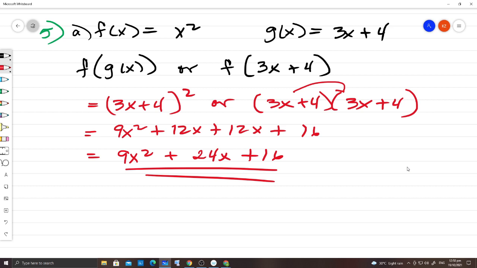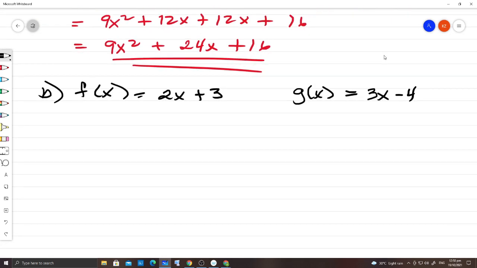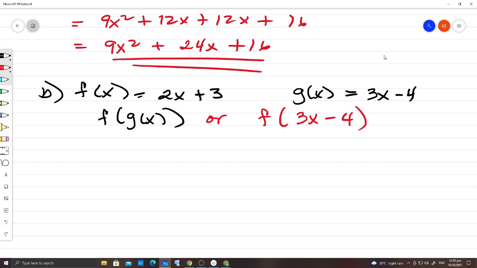Next, letter B. f of x is equal to 2x plus 3, and then g of x is equal to 3x minus 4. So find f composed of g of x, or f is composed of 3x minus 4. So we have 2 times 3x minus 4 plus 3.